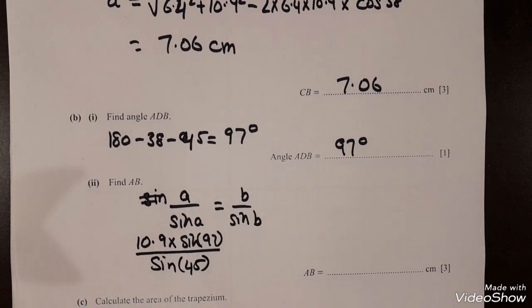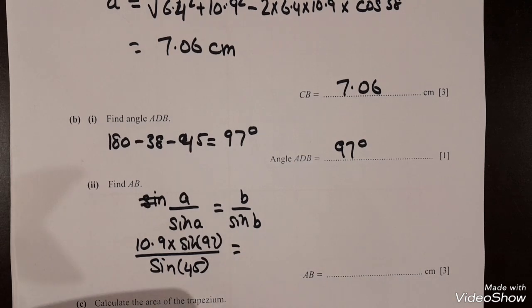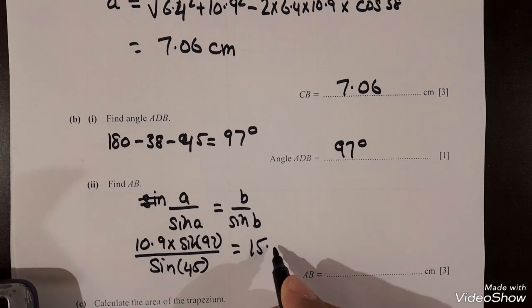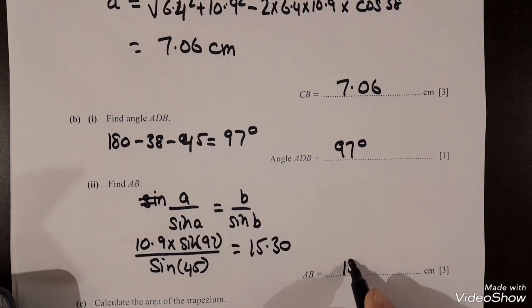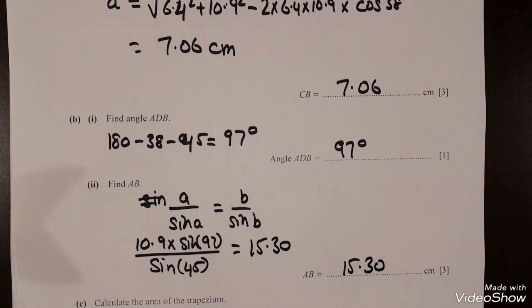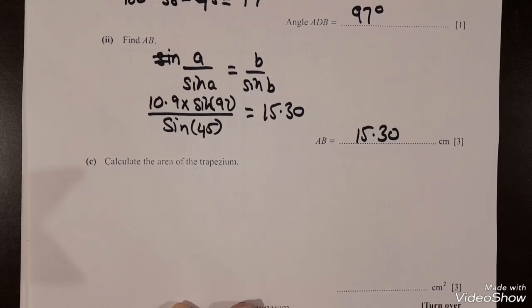Then we will use the calculator to calculate the formula, which is 10.9 multiplied by sine 97 divided by sine 45, which will be 15.30 centimeters. So the length of AB is 15.30. Then the question states calculate the area of trapezium.